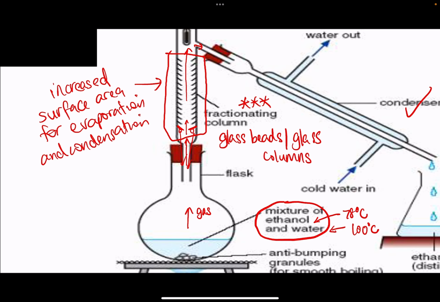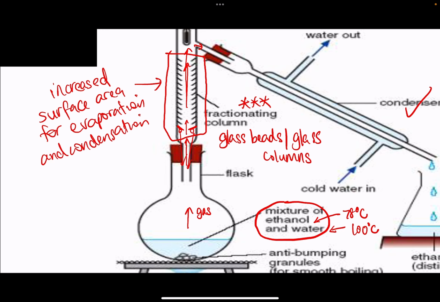You might wonder, why must this continuous evaporation and condensation occur? It's because this repeated evaporation and condensation will increase the possibility of better separation between ethanol and water. So your ethanol is given the opportunity to rise up the fractionating column, but water will be held behind.